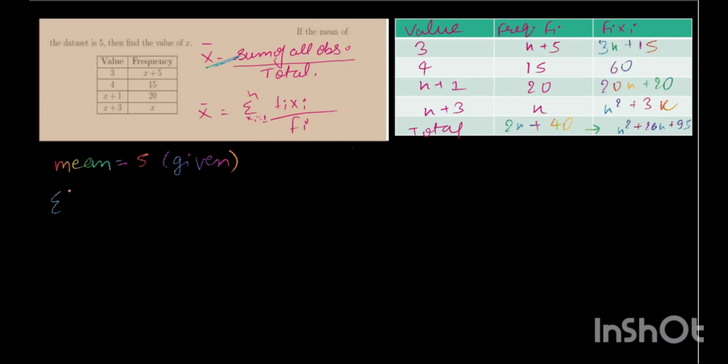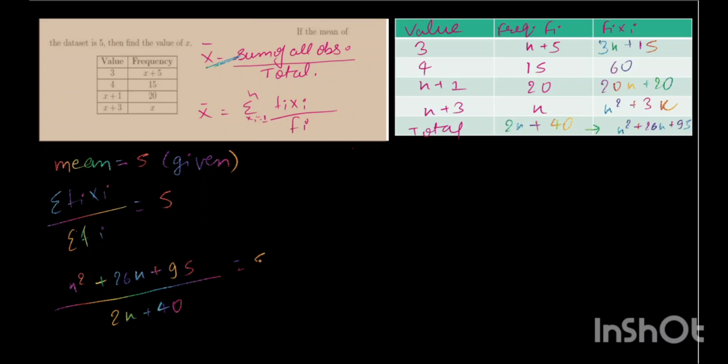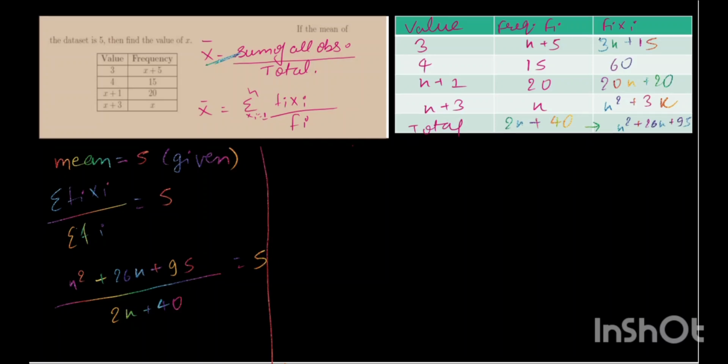Summation fi(xi) upon summation fi is equal to the mean, which is 5. That means x square plus 26x plus 95 upon 2x plus 40 will be equal to 5. Now we need to solve this.